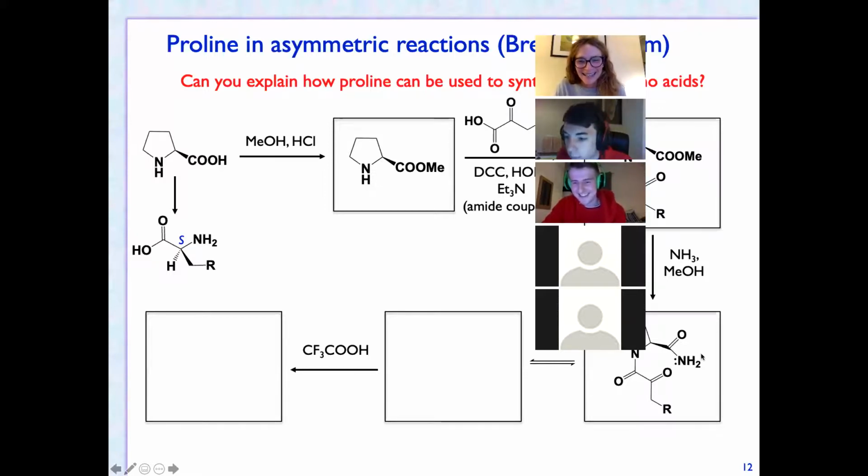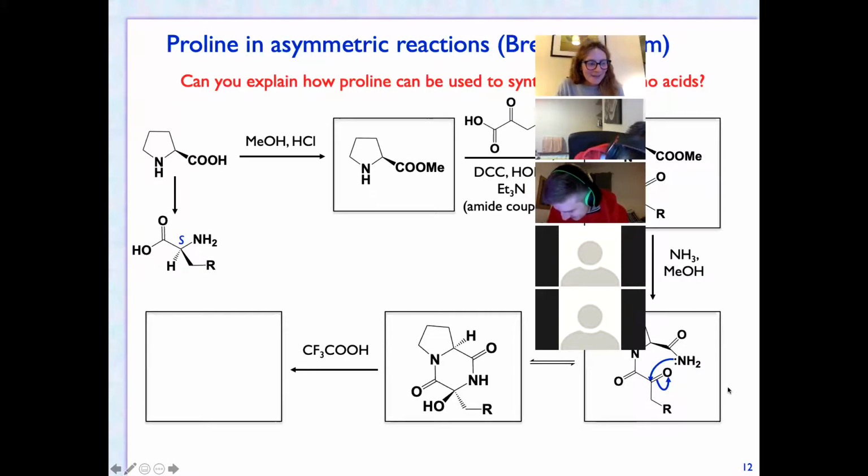The ketone right below it. That's good. So here we create a new stereocenter, but the chirality here is not relevant. So we don't care about it that much.